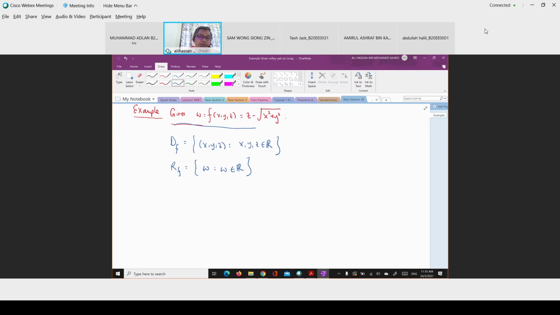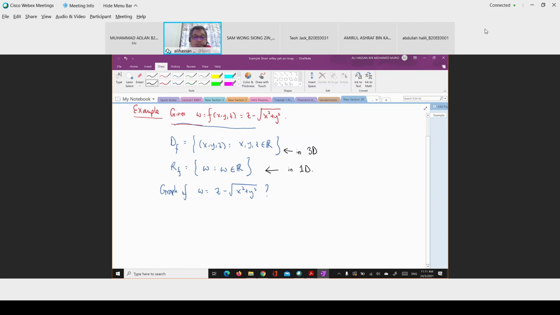Okay, what about the graph? Can we sketch the graph of w equal to z minus the square root of x squared plus y squared? Is it possible? In what dimension? See, the domain is in 3D, right? The domain is in 3D while the range is in 1D.